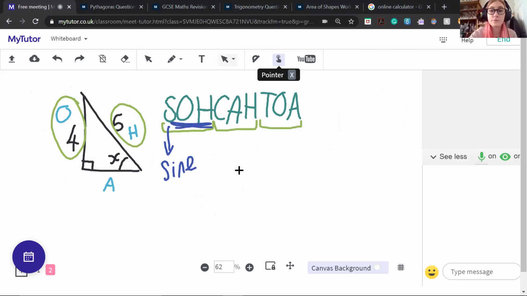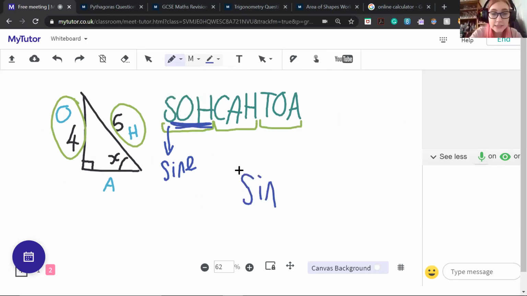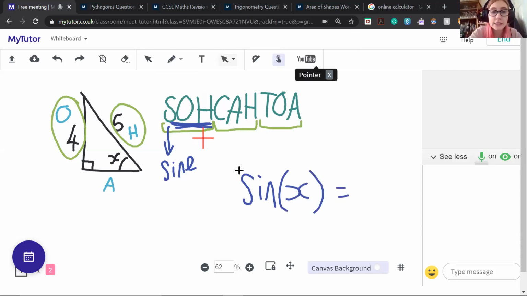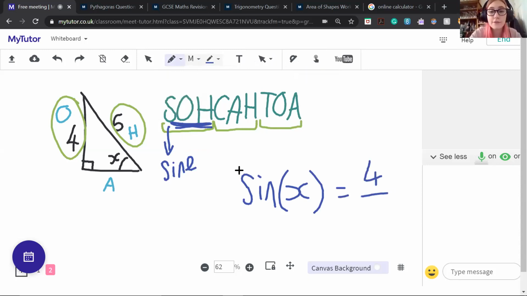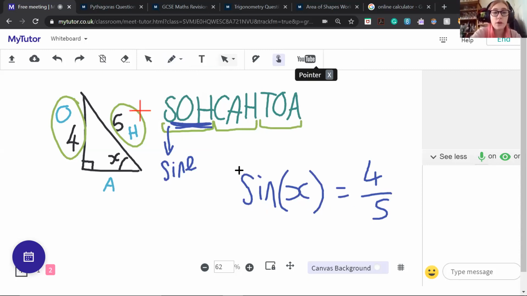So in this case, because we've decided on sine, it's sine of the angle x is equal to this over this, so O over H. That's 4 over 5. So sine of x is equal to 4 over 5.